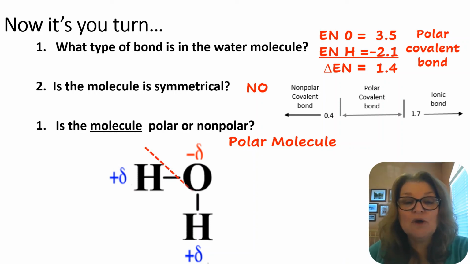If I were to divide the molecule right there, like I did with that dotted line, you can see that to the upper right of the line, the oxygen is present and it's partially negative. And to the bottom left of the line are both the hydrogens, which are partially positive. So this makes the oxygen part of the molecule negative, the hydrogen part positive. We have two different sides to this molecule because it's not symmetrical, so it's going to be considered a polar molecule.